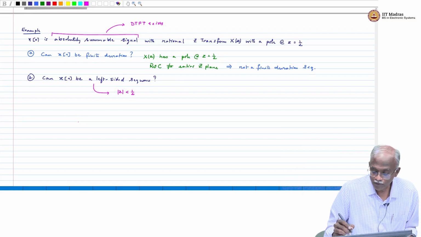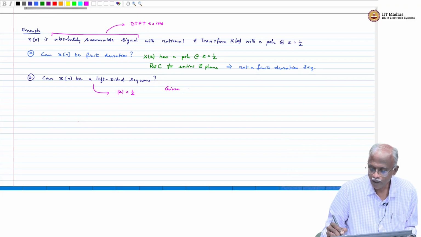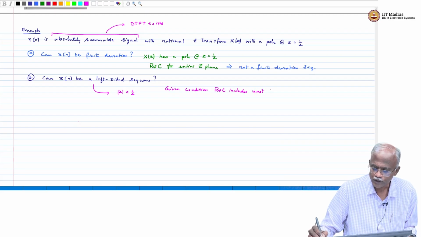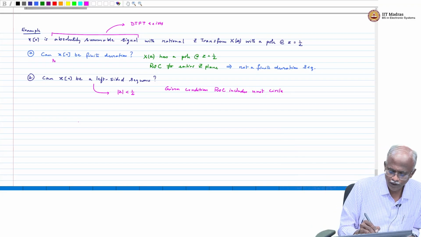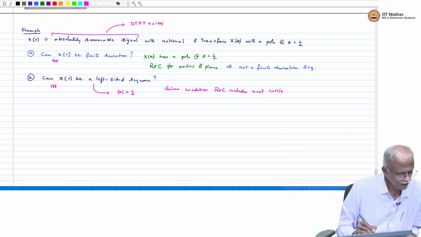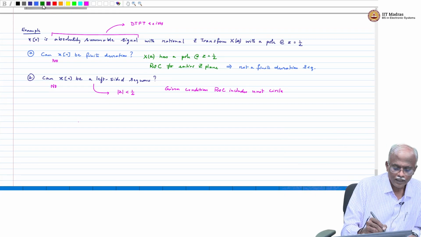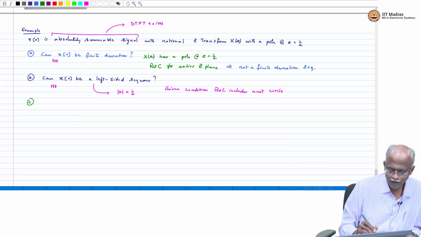So for a left-sided sequence, it would be mod z less than 1/2. But we know from the given condition that the ROC includes the unit circle. So we reject this also: first one is no, second one is no. Third part, can x of n be a right-sided sequence?